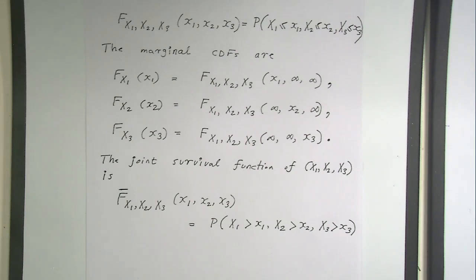So this is the definition of the joint survival function when you have a triplet of variables.